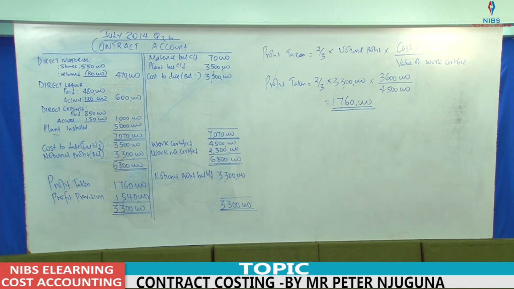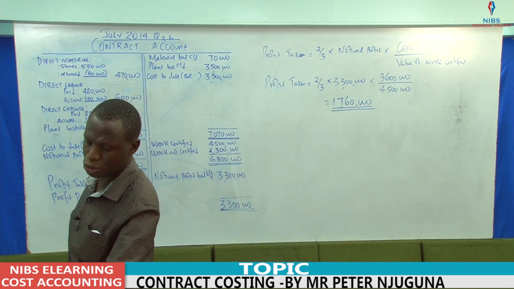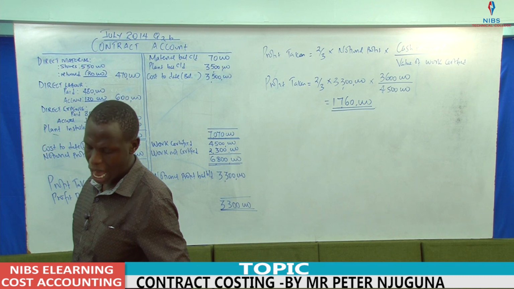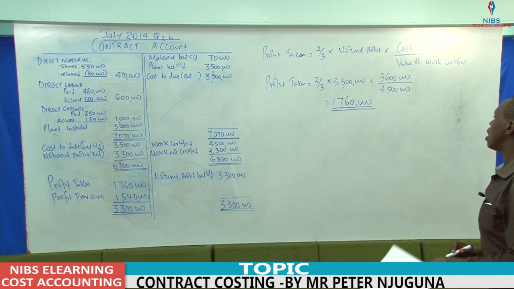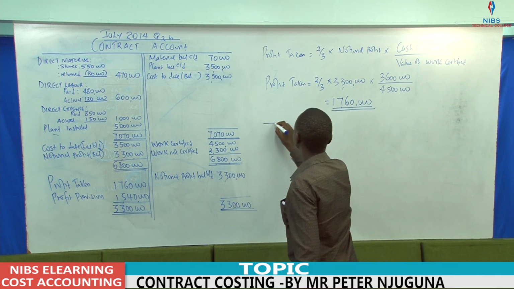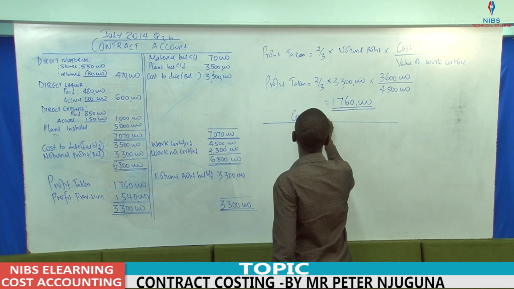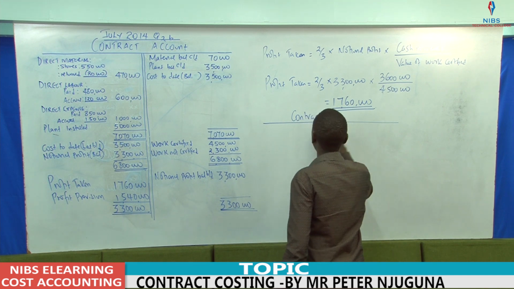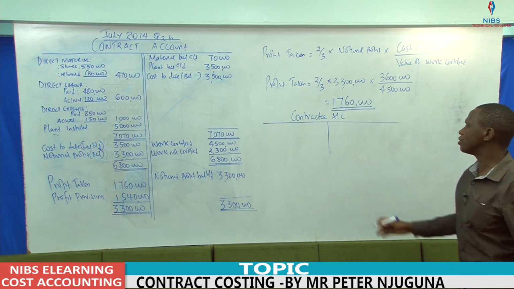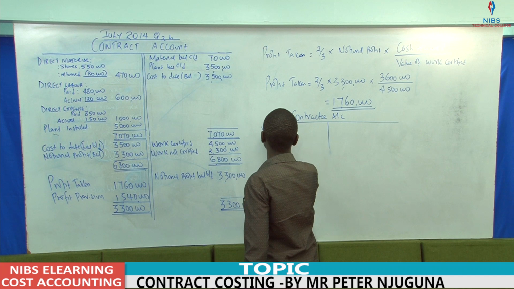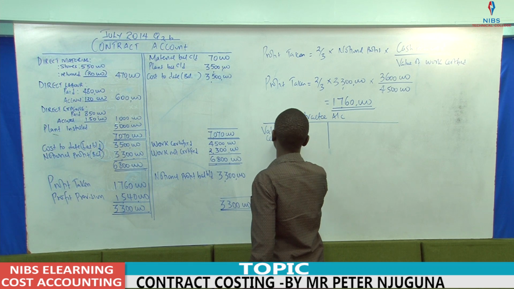We are not yet through with the question. Part B is asking us to prepare what we call a contractee account. And how do we prepare a contractee account? A contractee account is very simple. Although we have this in our notes, you debit with the value of work certified.